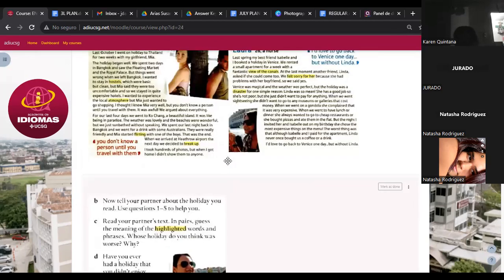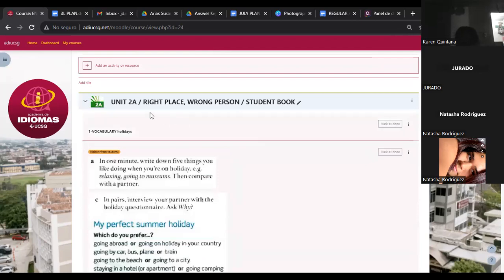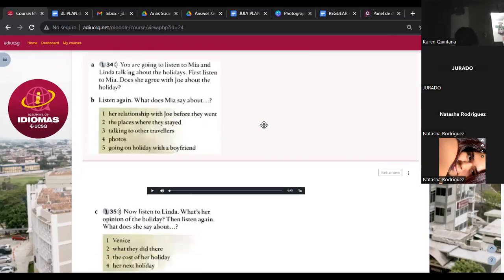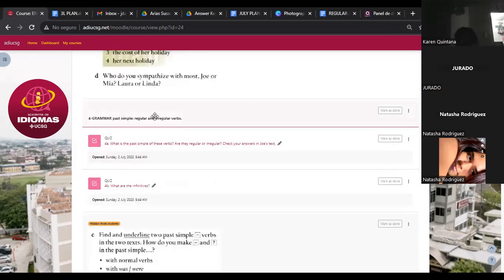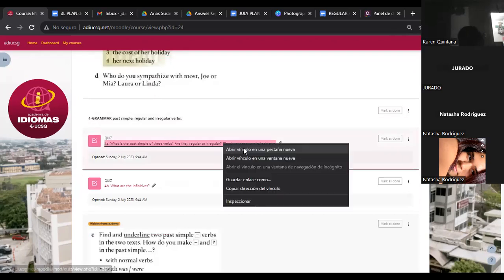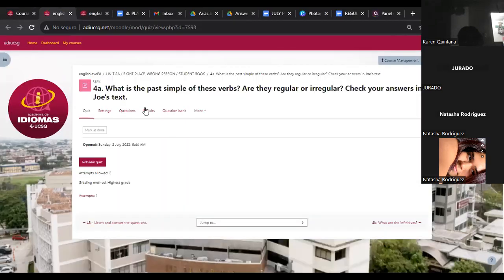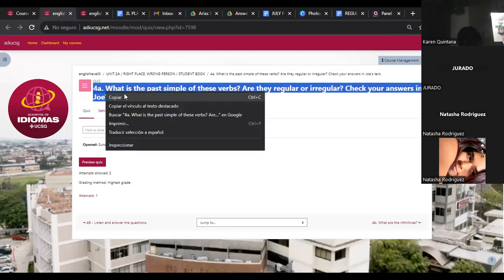Now, you have in here Unit 2A, Right place, wrong person, student book. In this part, you have a grammar section: past simple, regular and irregular verbs. We are going to do exercise 4A and exercise 4B. The first one is exercise 4A. What is the simple past of these verbs?